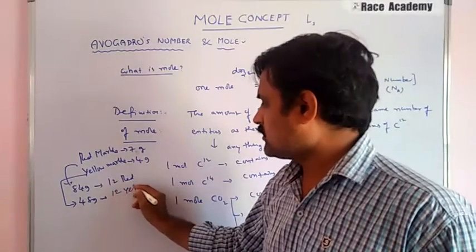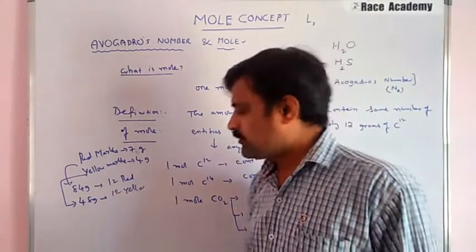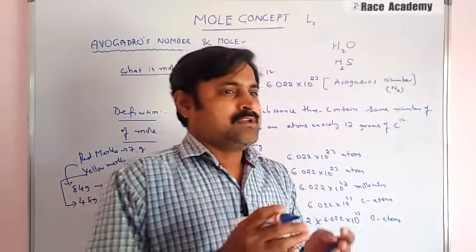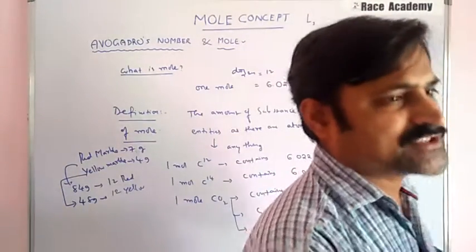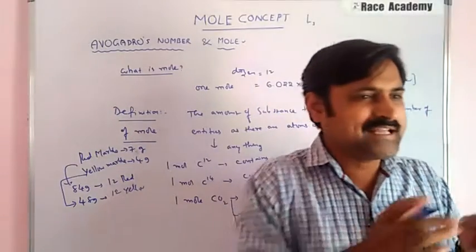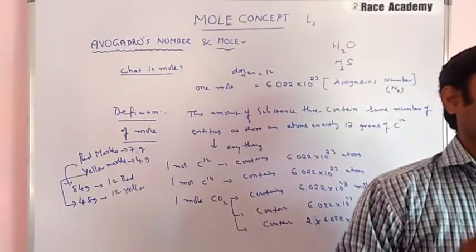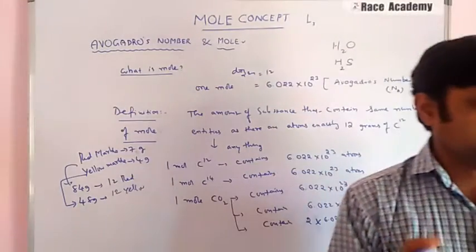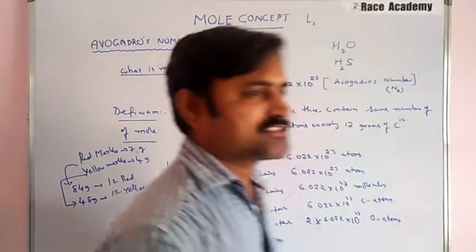Again here also we have 12 yellow marbles. That means when you talk about the ratio of these two, one red marble weighs 7 by 4 as much as one yellow marble.